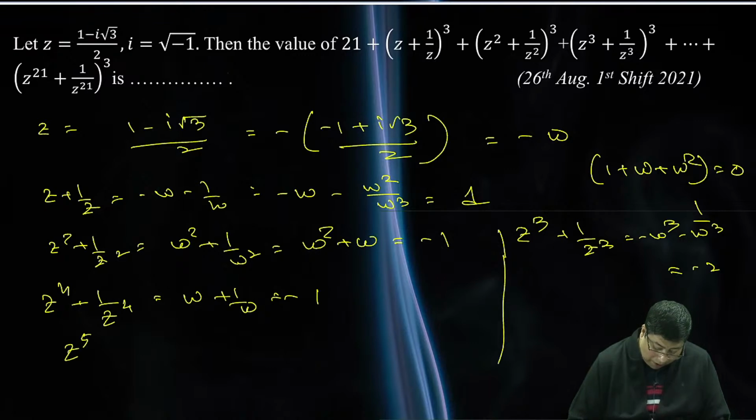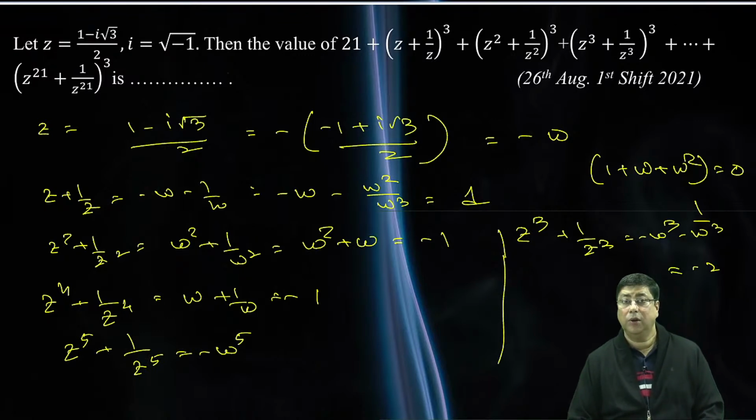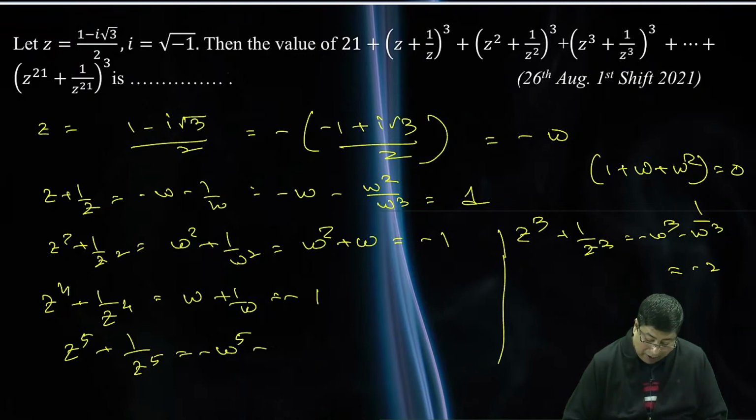Z to the power 5 plus 1 by z to the power 5 is coming to be minus omega to the power 5, that is omega square, omega cube actually 1, and minus 1 by omega to the power 5. So we are getting minus of omega square plus 1 by omega square, that is coming 1.